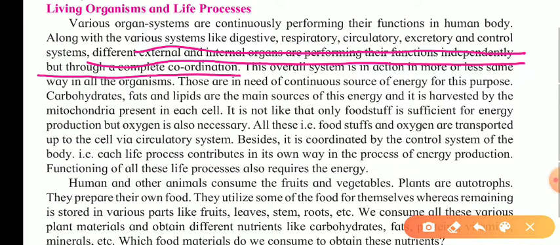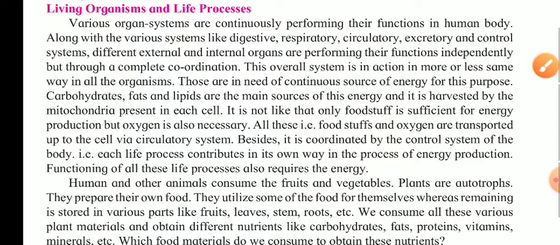Coordination is a very important part. As we had already studied in physics, to carry out any work, we require energy. Indirectly, it is for each and every cell in our body, which combine together to form muscles, and muscles form the organs.